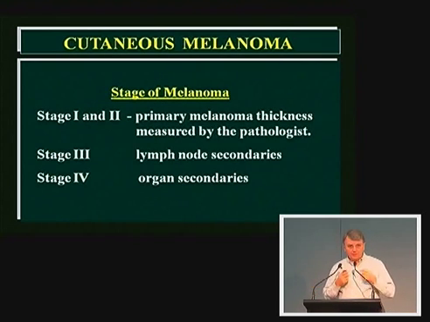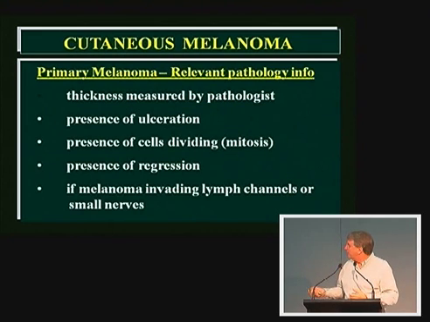The stage of melanoma has 4 stages. Stages 1 and 2 relate to the thickness that the pathologist gives when they look at it under the microscope. Stage 3 relates to whether the lymph nodes are involved, and stage 4 is if it's spread to organs. When a pathologist gives us a report, we look for the thickness.